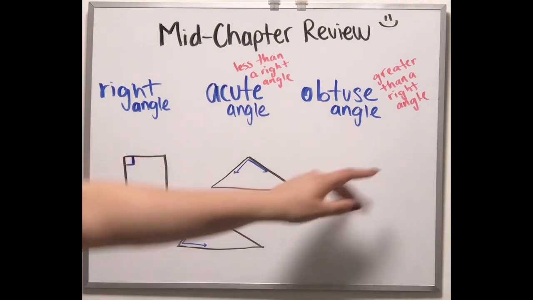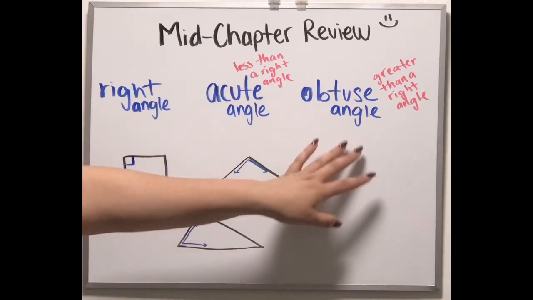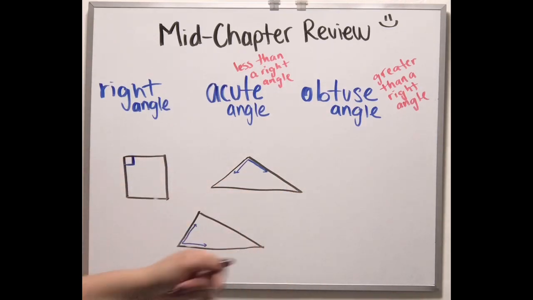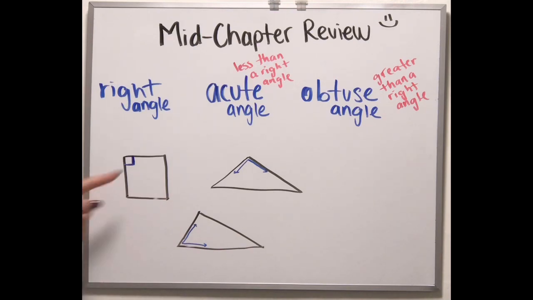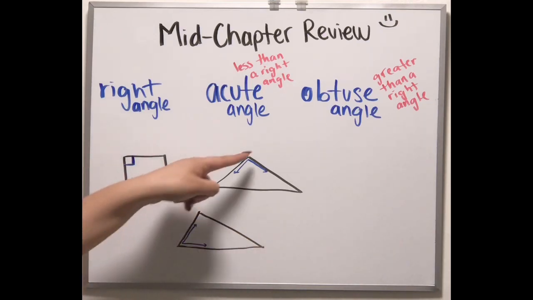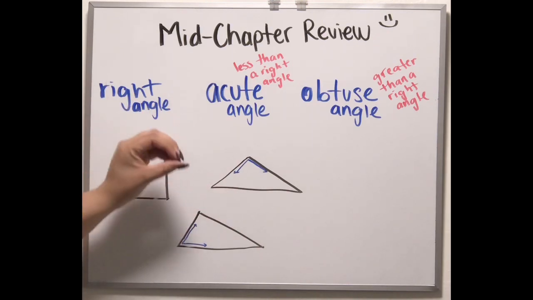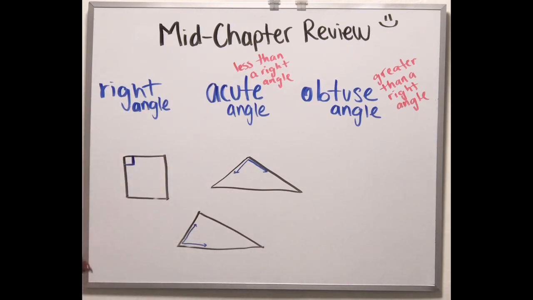Because remember, all flat shapes are on a flat surface like the whiteboard right here. And also these 3 shapes share something else. These 3 shapes are also closed shapes. Remember, a closed shape starts and ends on the same point. Okay, it could be any point, but they're always closed, not open.